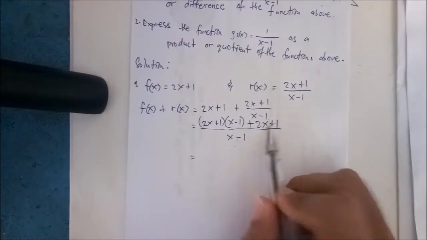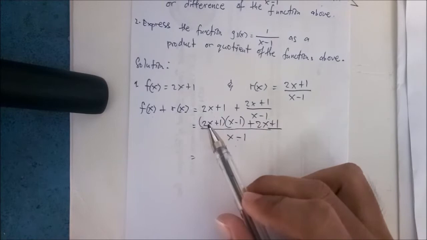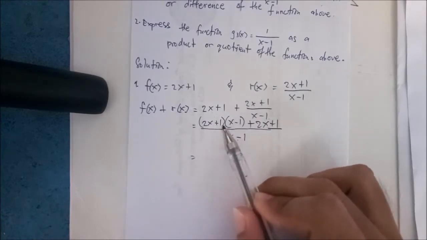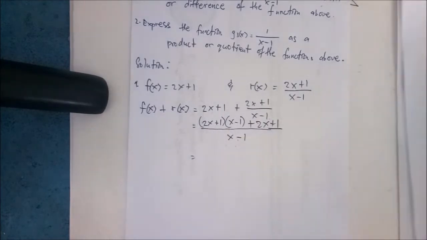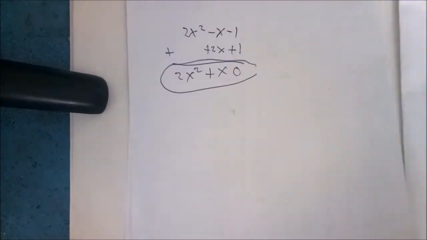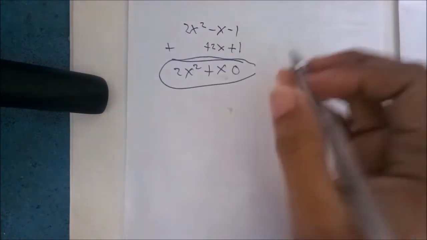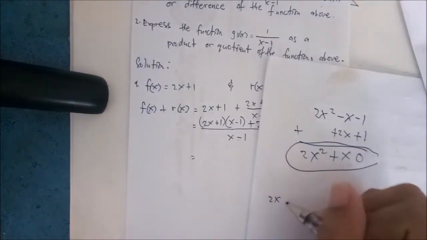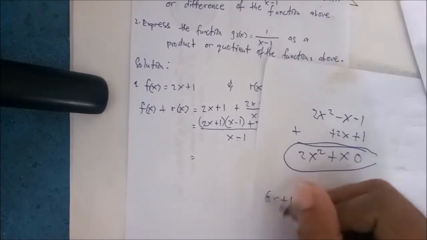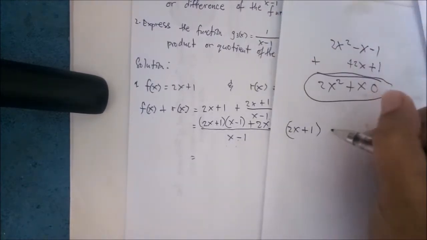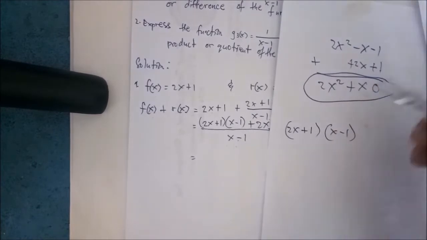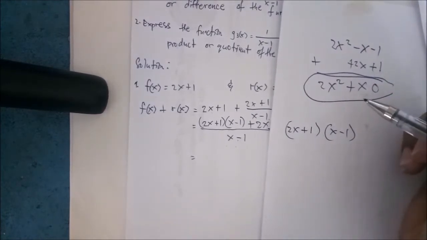Before you add, you need to multiply 2x plus 1 times x minus 1. I have an extra sheet to multiply these. How to multiply?